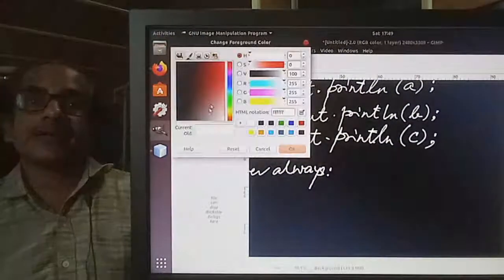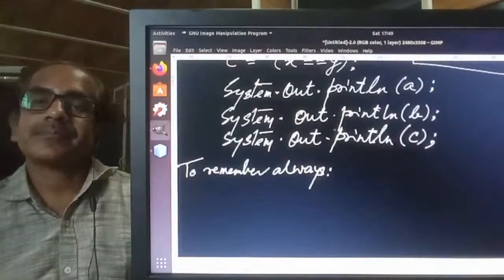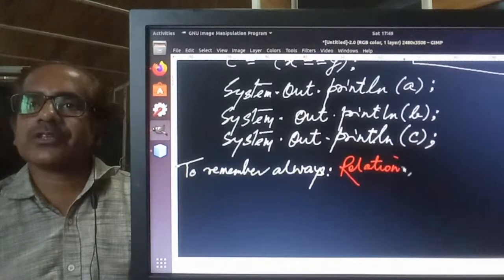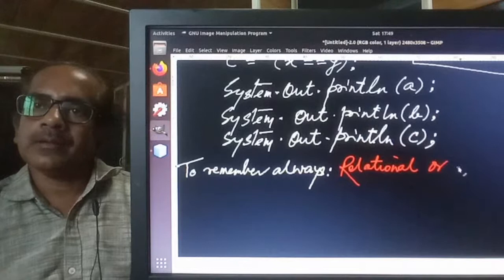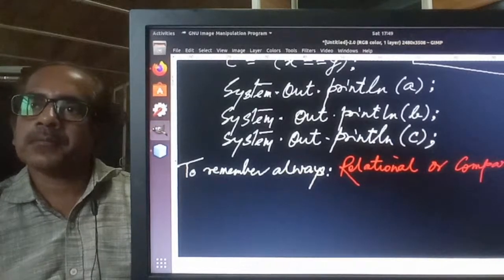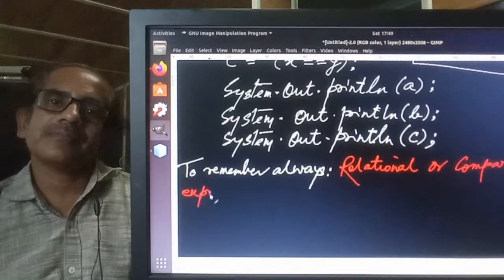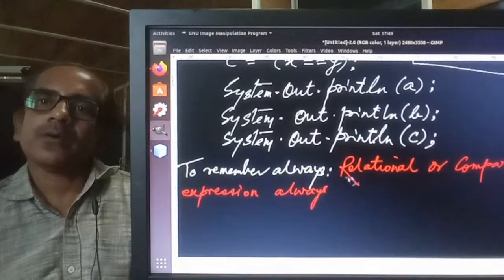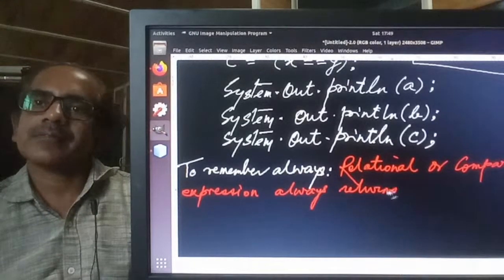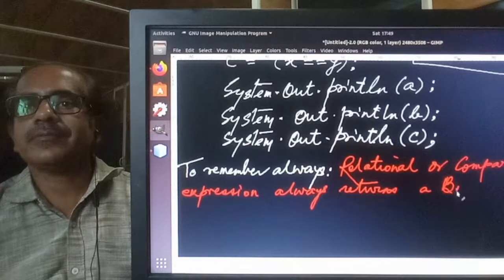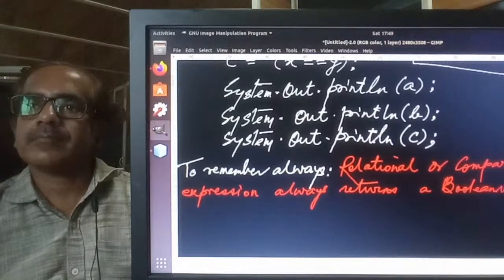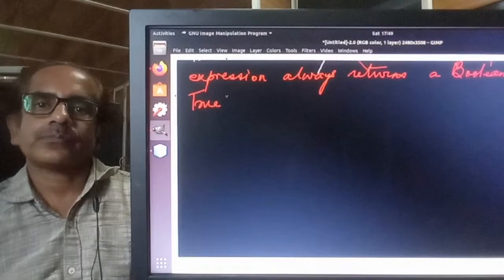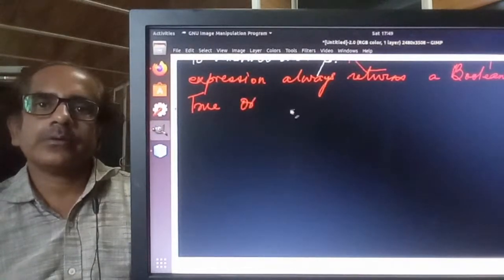Let me write this in red color. Relational or comparison expression always returns a Boolean value, true or false.